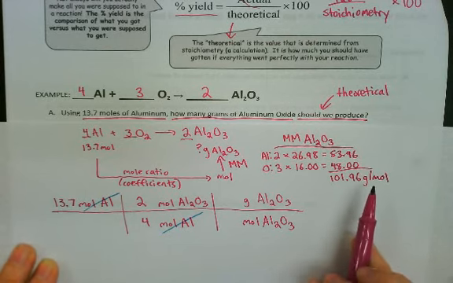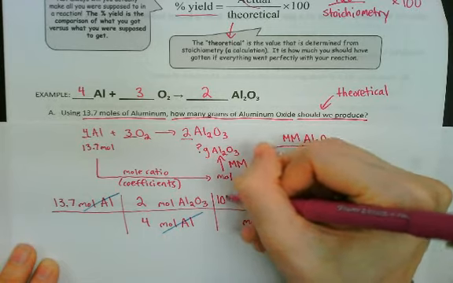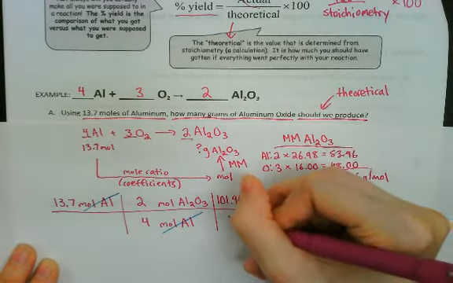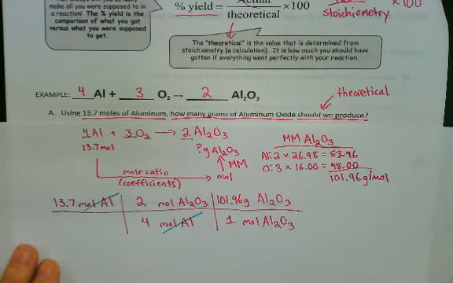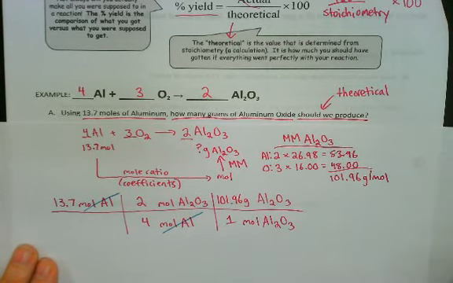So we have calculated our molar mass. We can go ahead and plug this in. There are 101.96 grams of aluminum oxide in 1 mole of aluminum oxide. So we have made it to grams. We will cancel out our moles of aluminum oxide and be left with grams of aluminum oxide.